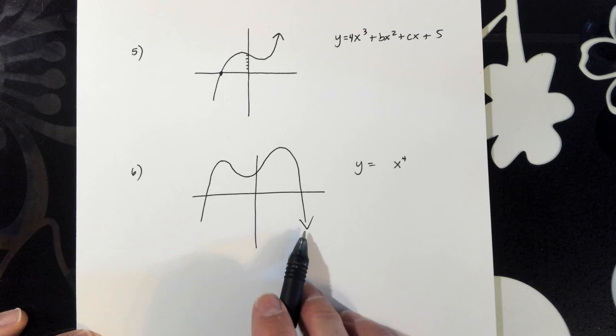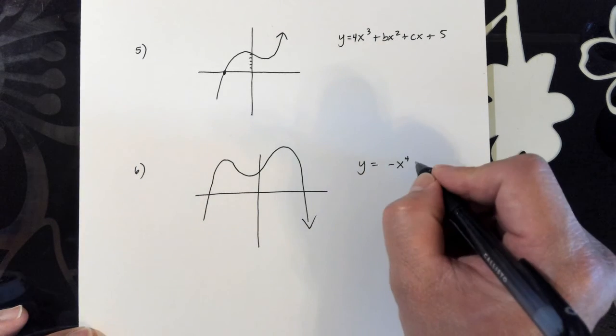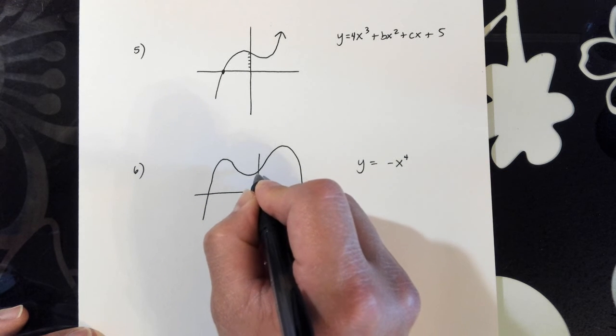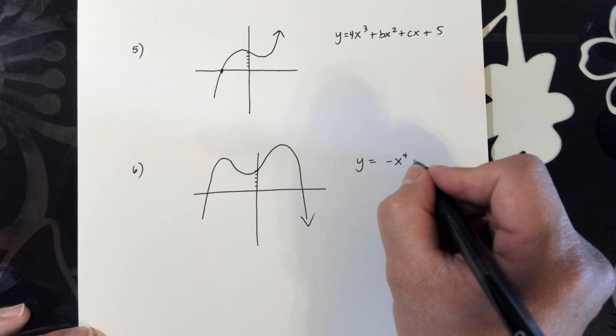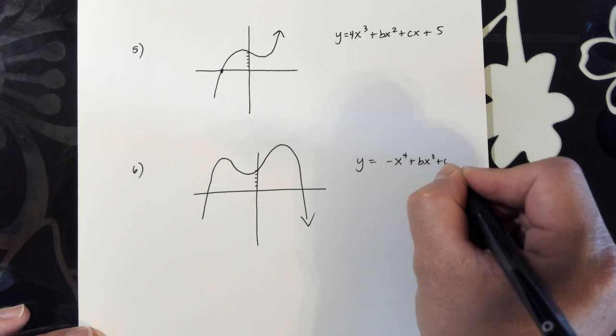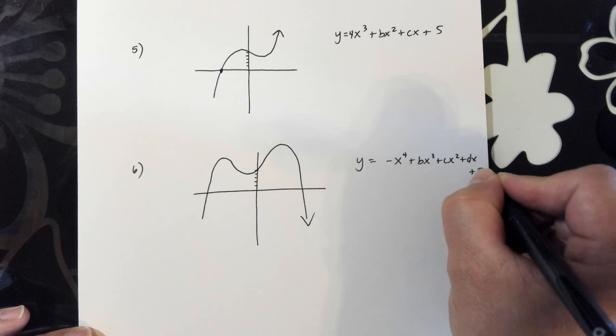The leading coefficient is negative, so pick a negative number. And then it has a positive 5 again, sorry about that, for its y-intercept. Bx cubed plus cx squared plus dx plus 5.